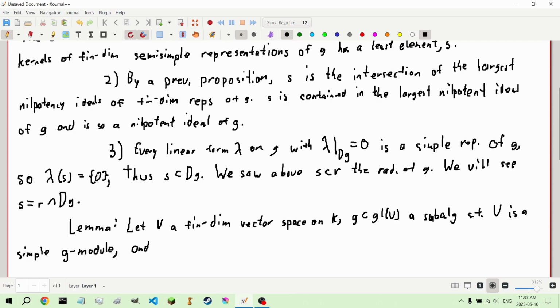And finally, we're going to have A be a commutative ideal of G. Then the intersection of A and the derived algebra of G is 0.